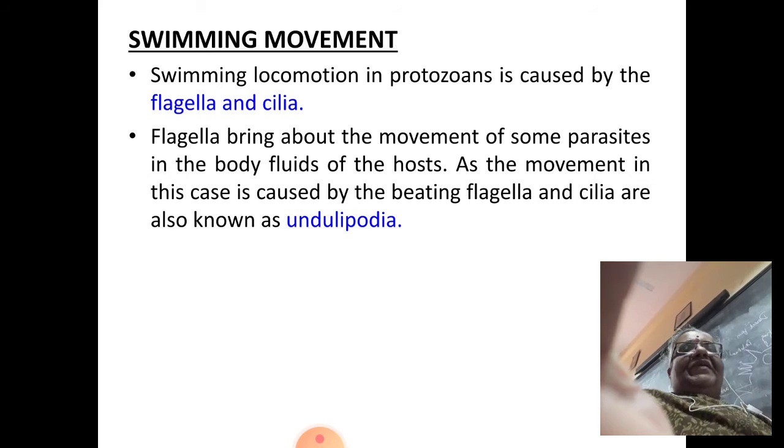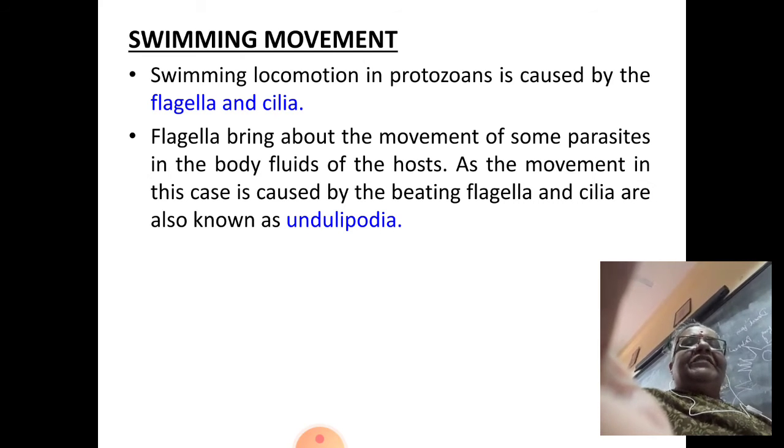They are also known as undulipodia. As the movement in this case is caused by beating of both flagella and cilia, they are also called undulipodia, a hybrid name. But in free swimming protozoans, normally either flagella takes care of the locomotion or the cilia. One more thing, please remember undulipodia.